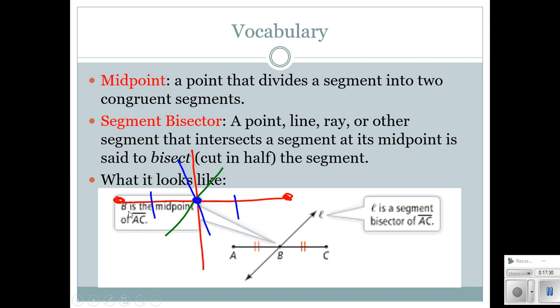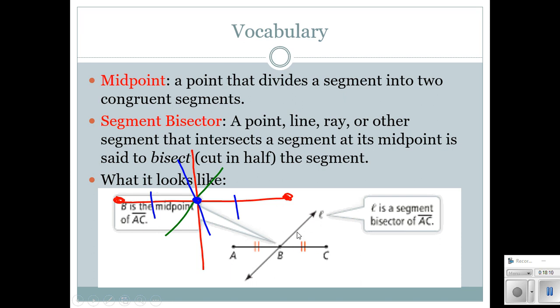So what it looks like, if you look at this right here, you have segment AC, you have tick marks. This means AB and BC are congruent. B is the midpoint of AC. They're telling you that because these two are congruent. The midpoint divides the segment into two congruent segments. And then this line L is a segment bisector of AC because it is intersecting at the midpoint.